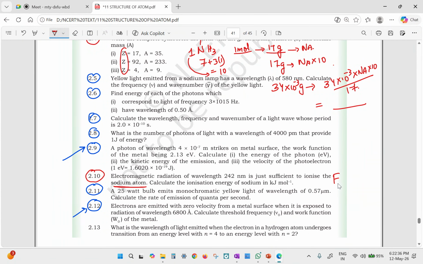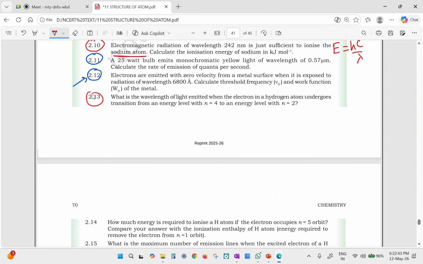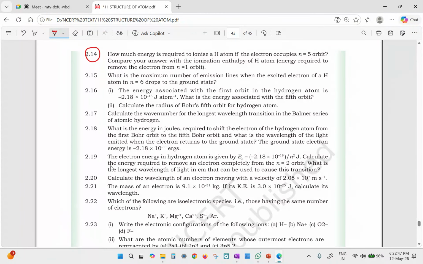So we directly used E is equal to hc by lambda and calculated the E. Up to the 19th question, calculate the wavelength, we have done. Correct me, ma'am, if I'm wrong.